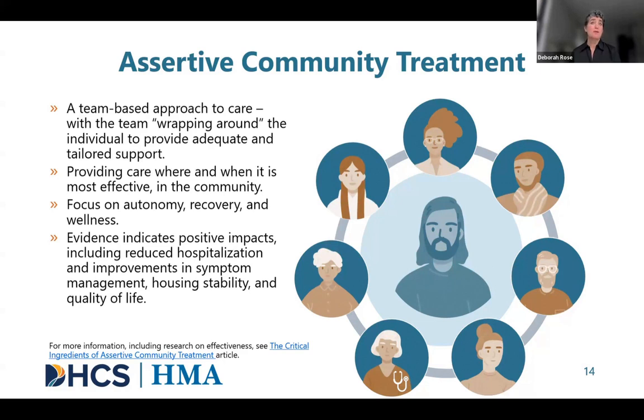So somebody might meet with 3, 4, 5 treatment team members at least 6 or 7 times in the community. And in the community, meaning that somebody could be living in a private home. They could be unhoused, street homeless, or in a shelter. So the treatment team comes to the individual and supports that person, regardless of where they're living and where they're at in their own recovery.